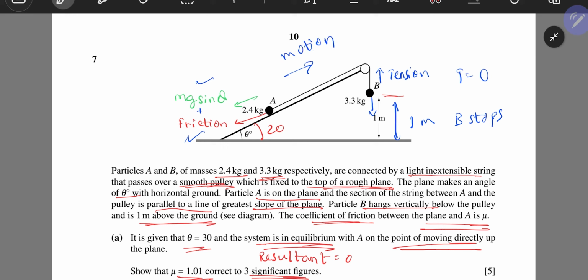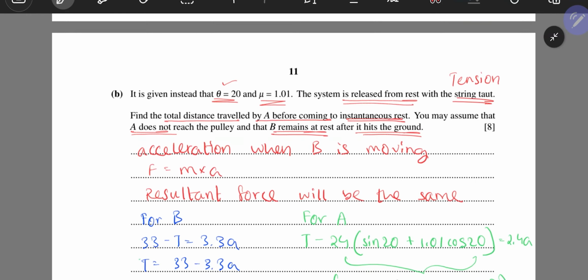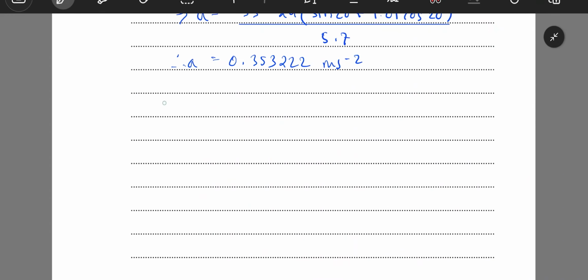So A will decelerate. And they asked us to find the total distance traveled by A before coming to an instantaneous rest. So firstly, obviously it's going to travel 1 meter when B is moving. What we need to find is the distance traveled after B stops, and then we add it.